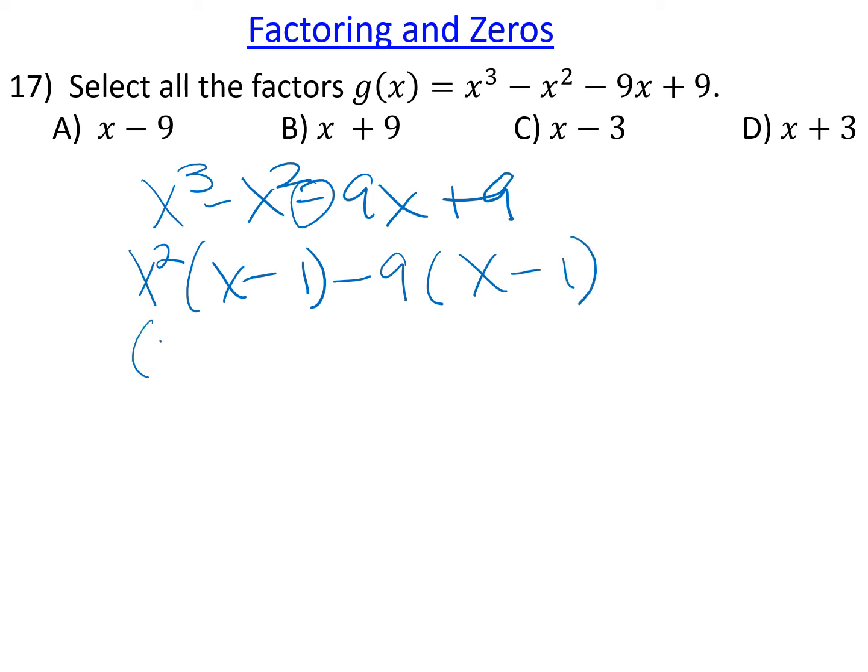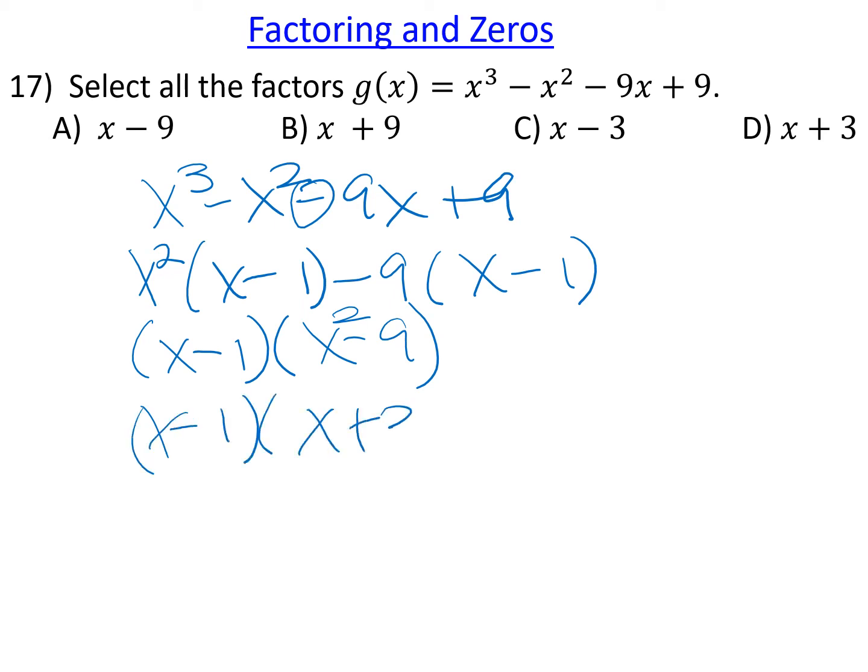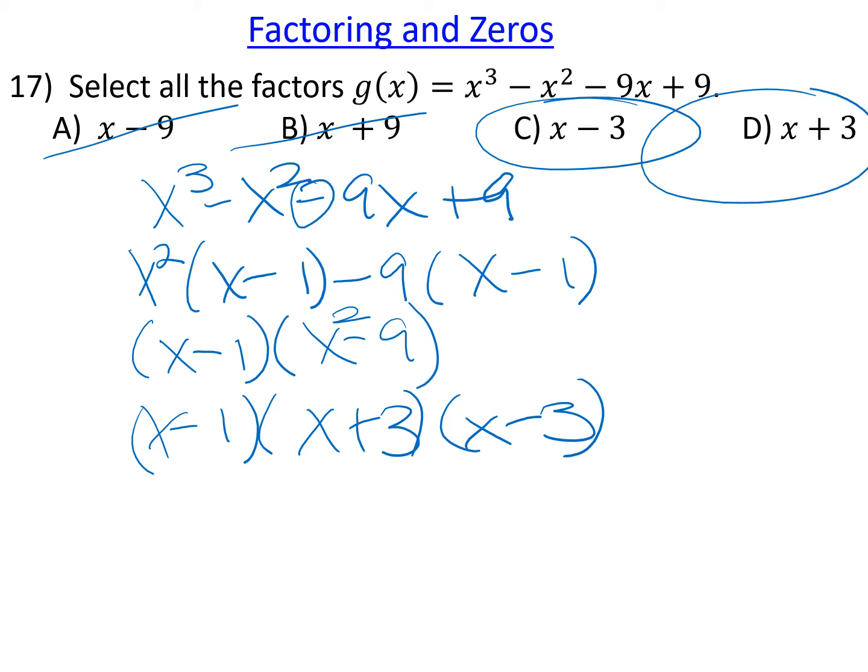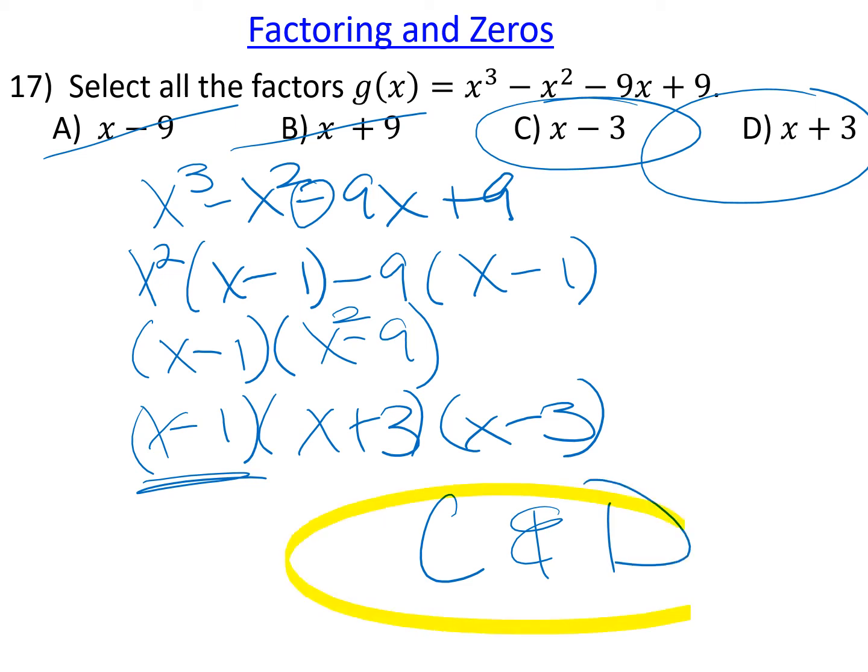My new GCF is x minus 1. Okay, and then I factor the difference of 2 squares. And I get those 3 factors, no plus 9, no minus 9. I do get those 2, even though this one's not listed, that's okay. They may not all be listed. It's just wanting to know which ones are factors in the list, okay? Okay, and those are my final answers there.